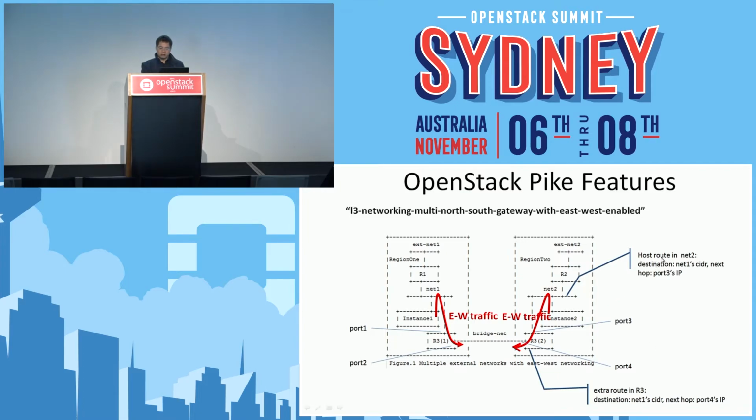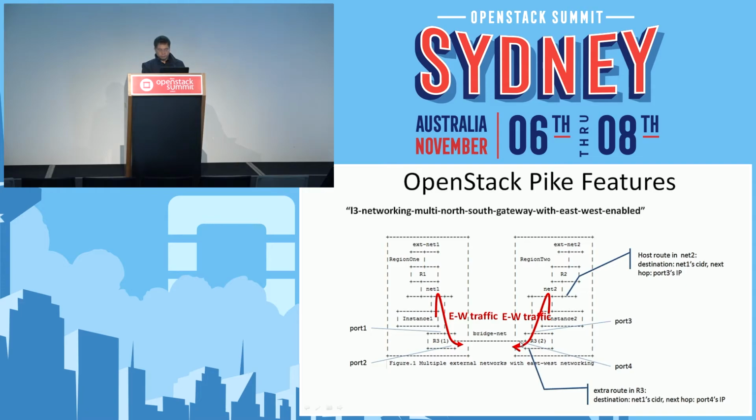We create one host route in net 2, and the destination is net 1's CIDR, and the next hop is port 3. Port 3 is the port for net 2 attached to R3 and the line. So all the traffic to net 1 will go through net 2 to R3. And in R3-2, we will add an extra route in R3. The destination is net 1's CIDR, and the next hop is port 4.